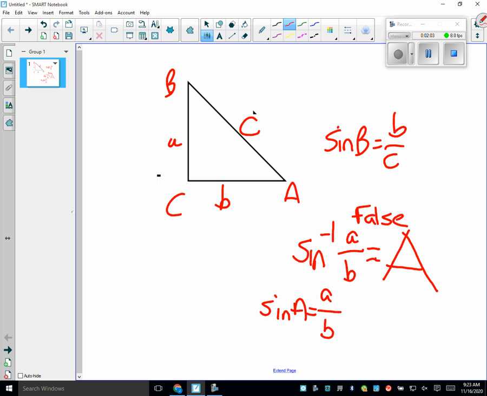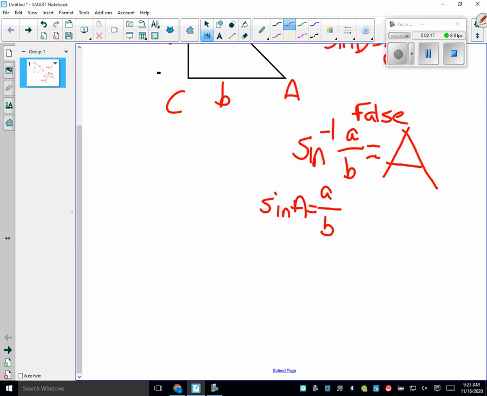True or false is what we're doing here. Let me ask you this. C squared minus A squared equals B squared. True or false?